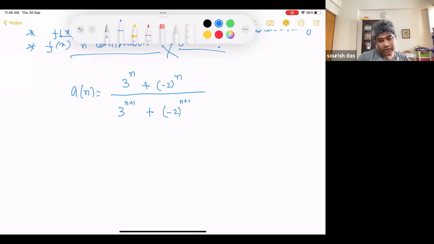I want to check whether it is convergent or divergent first. If divergent, then we are done. If it is convergent, then can we find the limit?